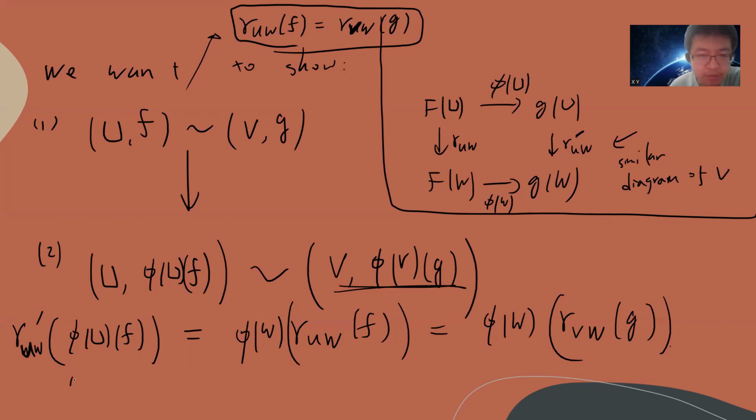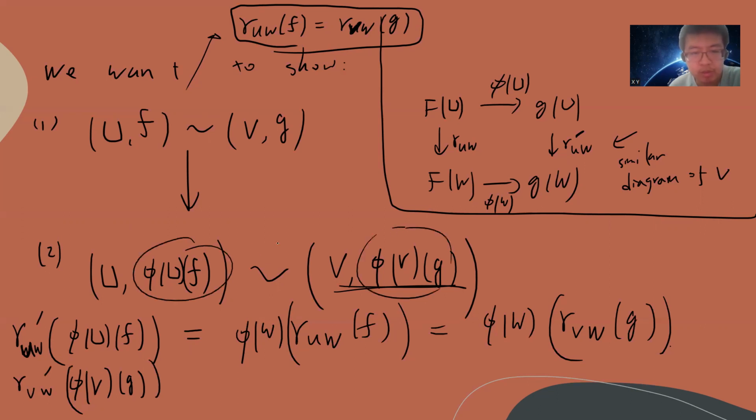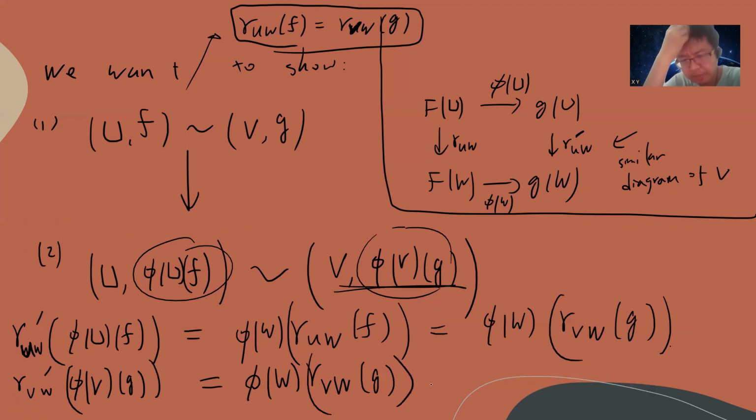Let's start from phi_V(s') and act on it with r_VW prime, restricting from V to W. By the commutative diagram, r_VW prime composed with phi_V is the same as phi_W composed with r_VW, so we get phi_W of r_VW(s').